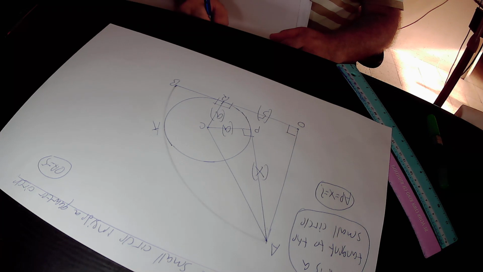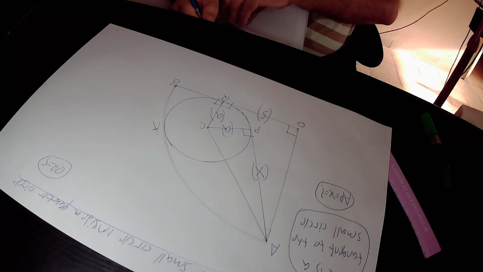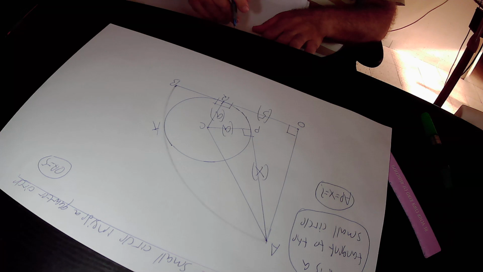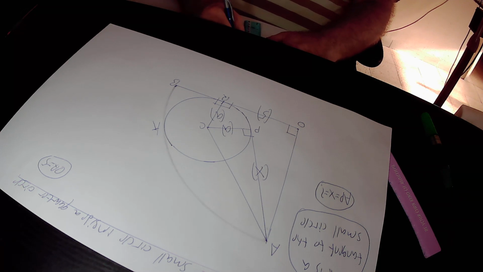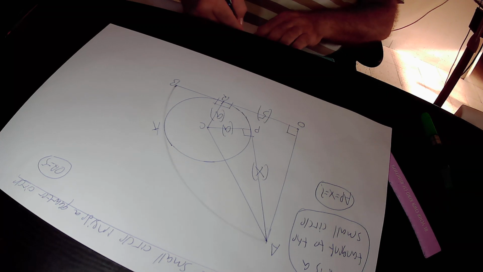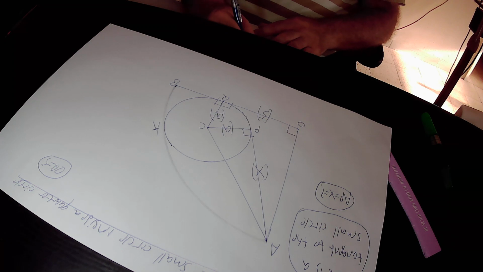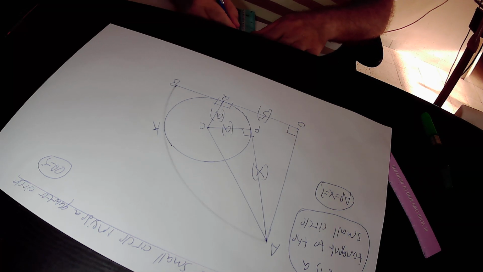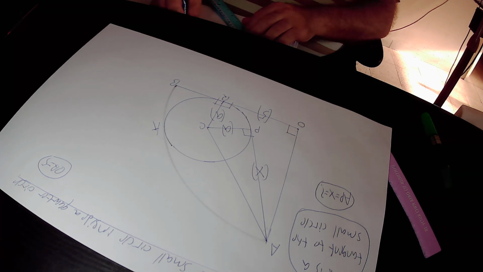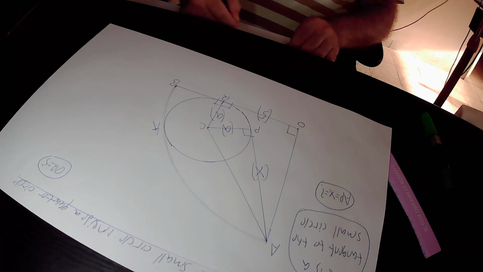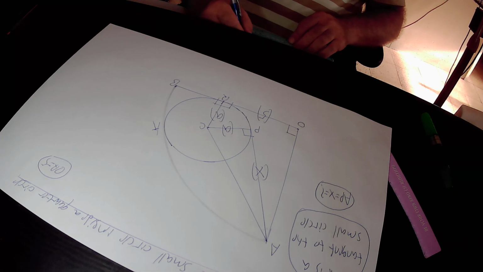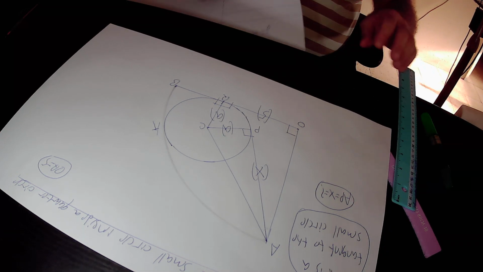Here PT is the abbreviation for Pythagoras theorem. So this is the right triangle APC that is coming from the original drawing.